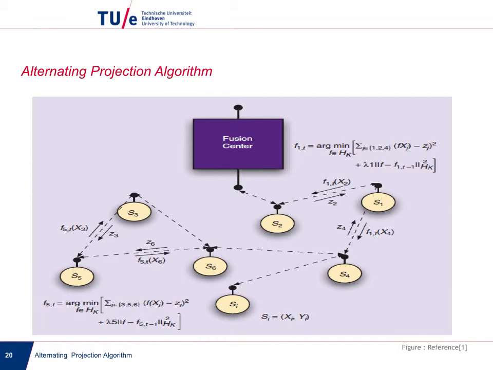For example, S5 will calculate its global estimate by querying S3's and S6's z, the message variable. And further, when this global estimate is calculated, the sensor will update each of its neighbors' message variables. Then the neighbors will pass along their updated message variables to other sensors, and in this way the information is propagated globally in the network.